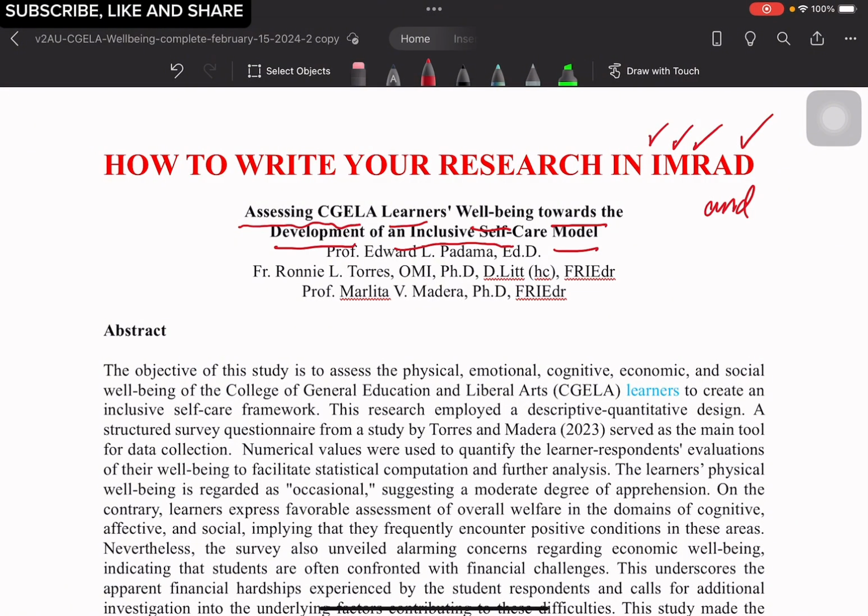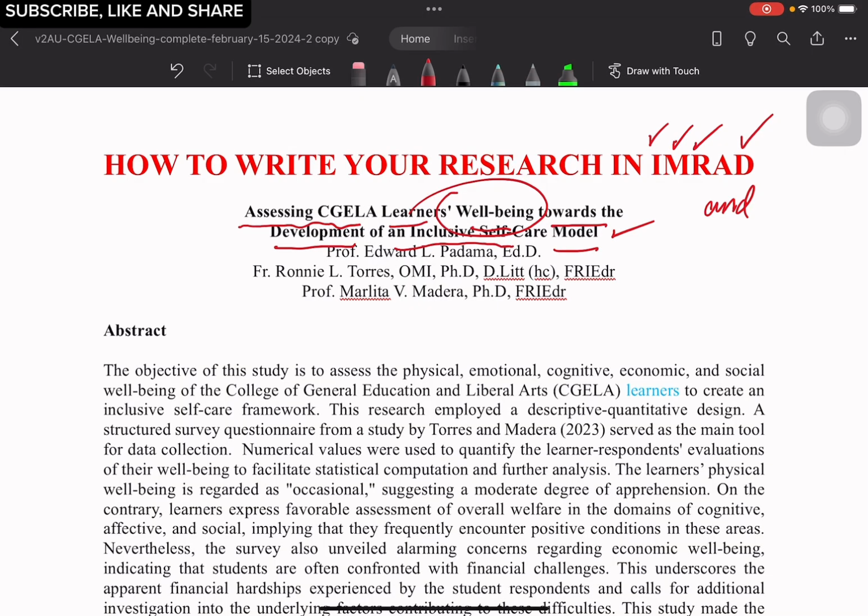There are specific dimensions of well-being that will be presented later on towards the creation of an inclusive self-care model. So that will be the goal and objective of this particular study, to assess and evaluate the well-being of the learners under CGELA and create an inclusive self-care model.